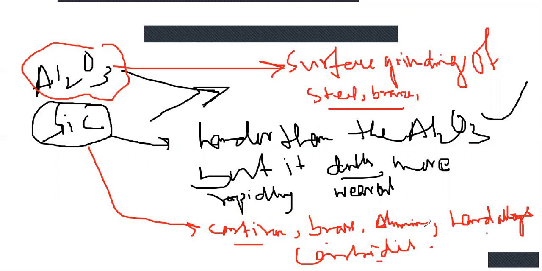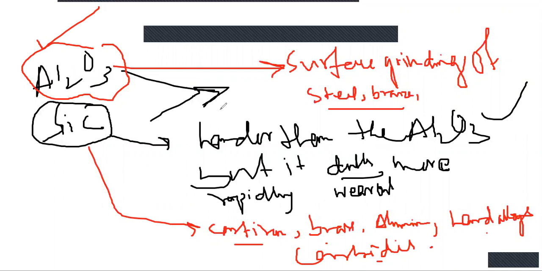So how do we select the abrasive type? If we know which material we have to grind, we select the abrasive type, which type of abrasive wheel is used for grinding which materials.